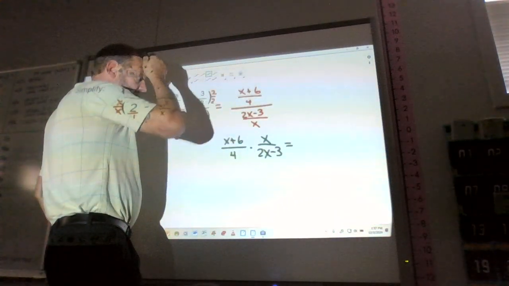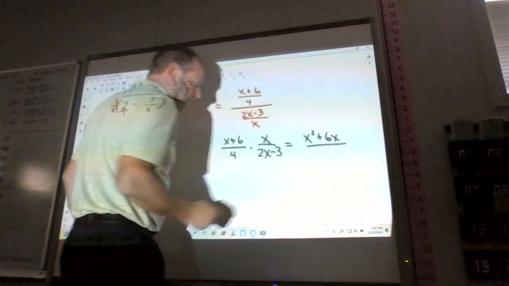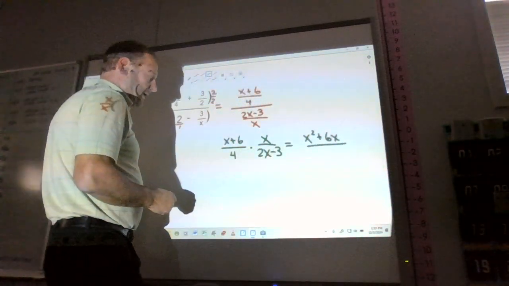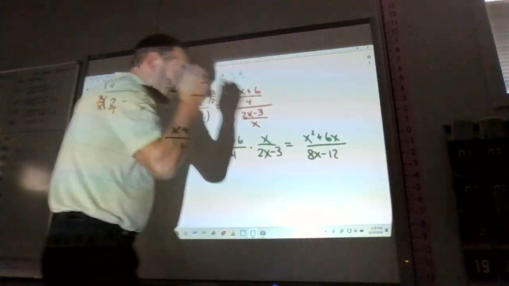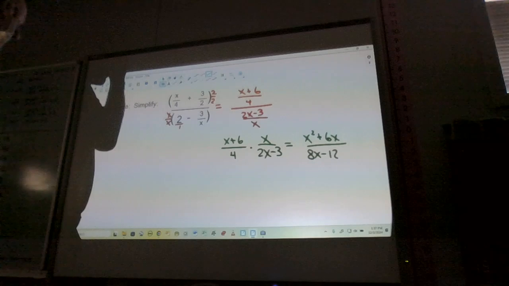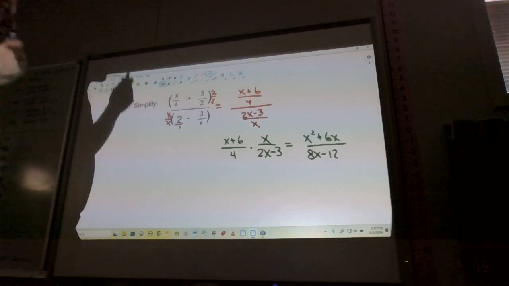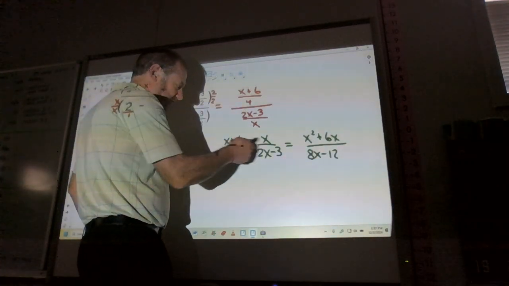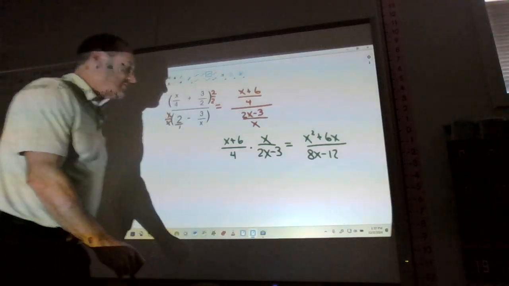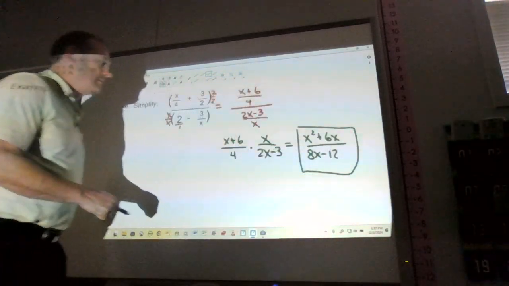And so this is going to be x squared plus 6x in the numerator, and 8x minus 12 in the denominator. If I factored this, I would just get this over this and nothing would cancel. So I'm just going to leave it like that, and I'm done.